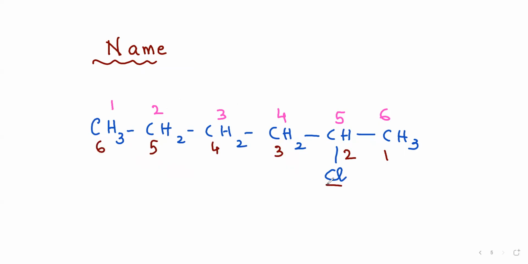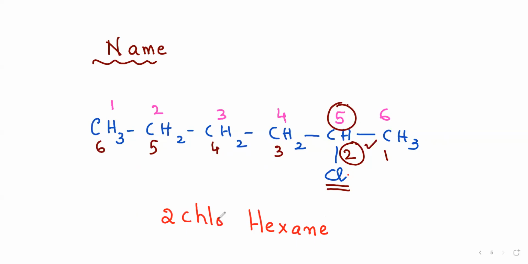Take the numbering so that the substituent gets the least number. Which is least, 5 or 2? 2 is the least. It has 6 carbons, so it should have hex, and there is no double or triple bond, so hexane. A chloro group has come on the second carbon, so it is called 2-chlorohexane. If it was a CH3 group instead of chlorine, we would call it 2-methylhexane.